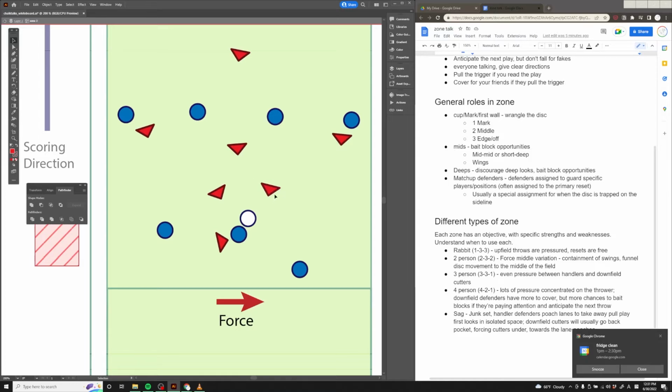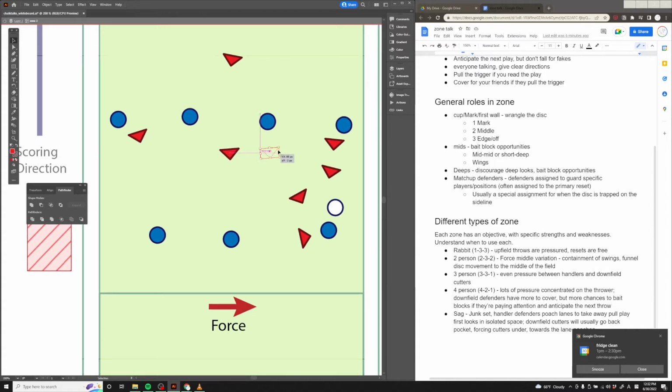And I will also say that if the disc gets swinged to the sideline, these defenders become a lot more dynamic in that this throw way over the top to this side is less viable, and the defenders have a lot more time to respond to those throws.